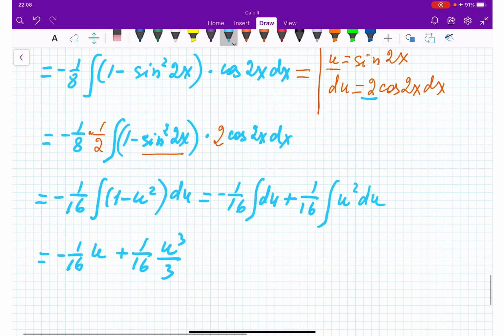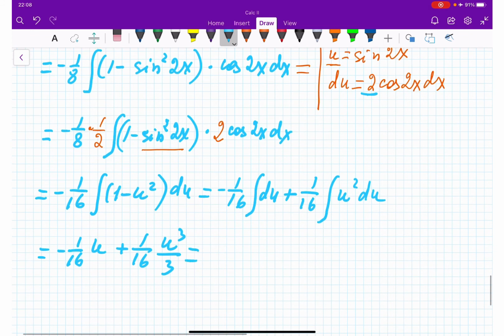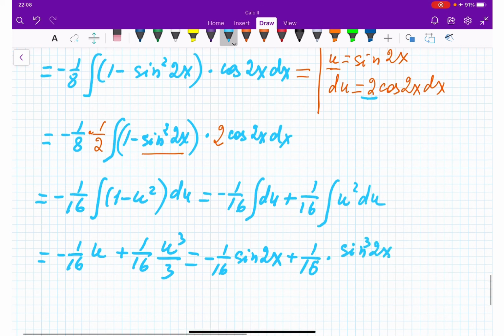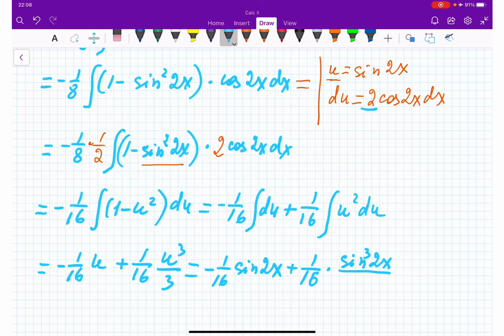The result is negative 1 over 16 sine 2x plus 1 over 16 times sine cubed 2x over 3.